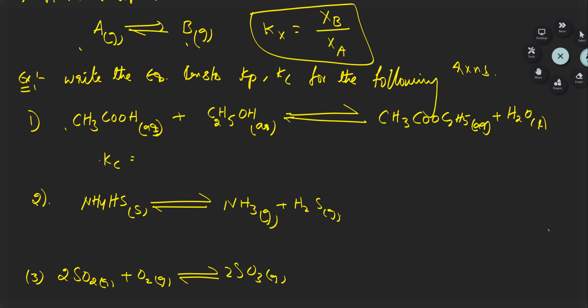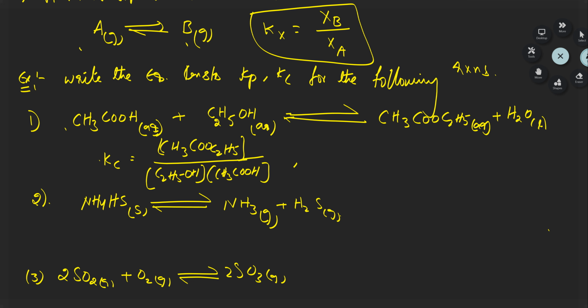Kc is equal to the products' concentration, CH3COOC2H5 concentration by C2H5OH concentration into CH3COOH concentration. Kp we cannot express, because there is no gaseous molecule in that reaction.